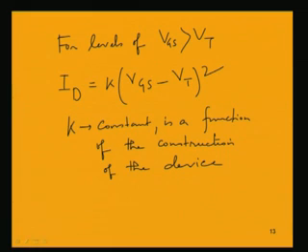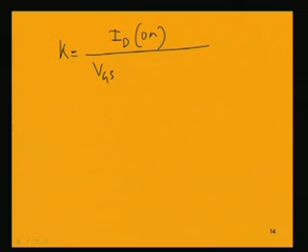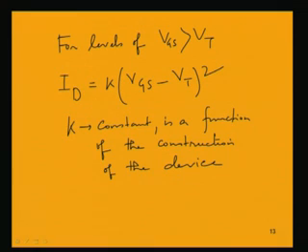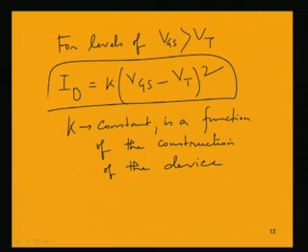So, ID on is K times the square term, VGS on minus V threshold, meaning once it is starting to conduct after the threshold voltage has been overcome. So, this gives you the value of K. So, this relation is important to get the drain to source current.